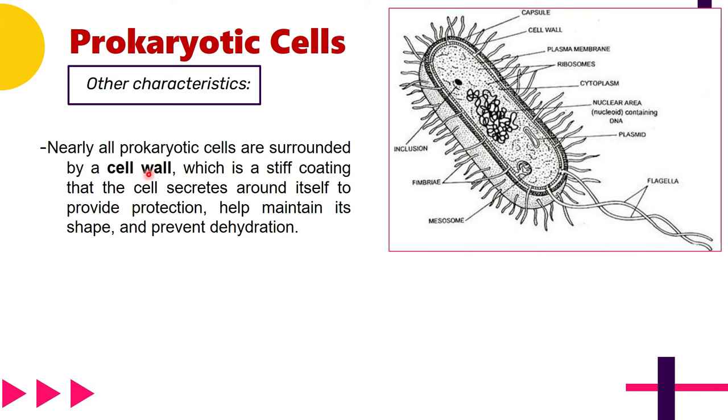Eukaryotic cells, specifically plant cells, also have a cell wall, but the composition is different.